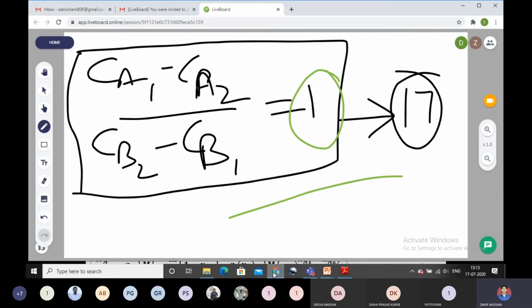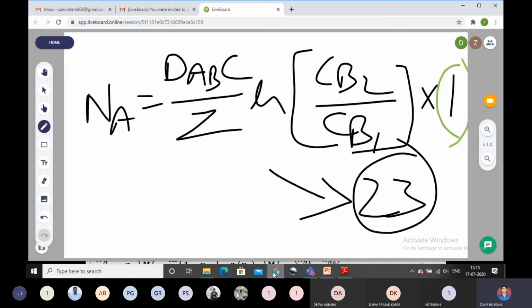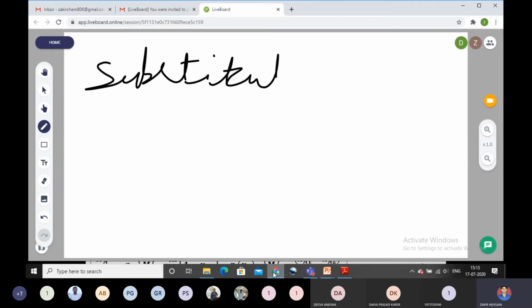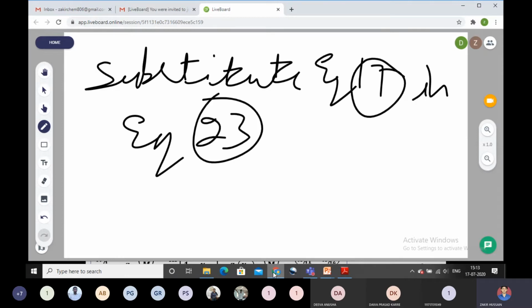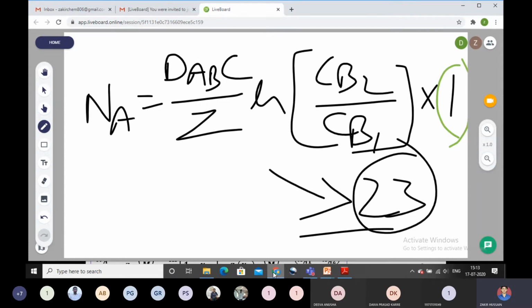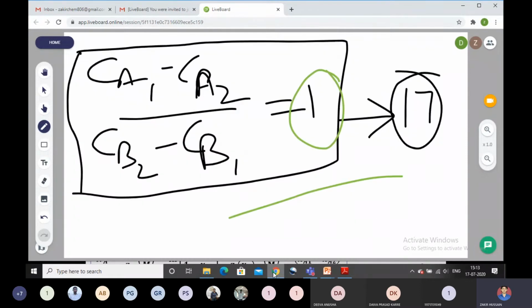We have to substitute equation 17 in equation 23. So in place of 1 we have to substitute that one. In place of 1, equation 17 is CA1 minus CA2 by CB2 minus CB1.